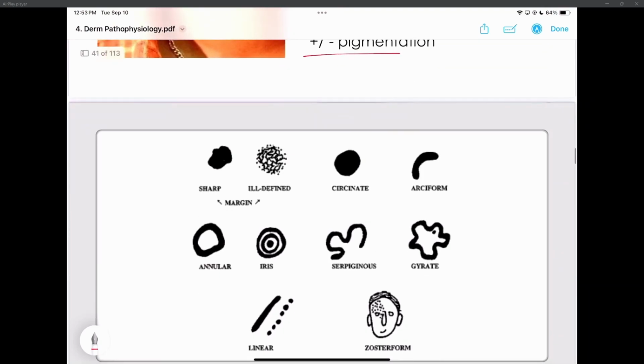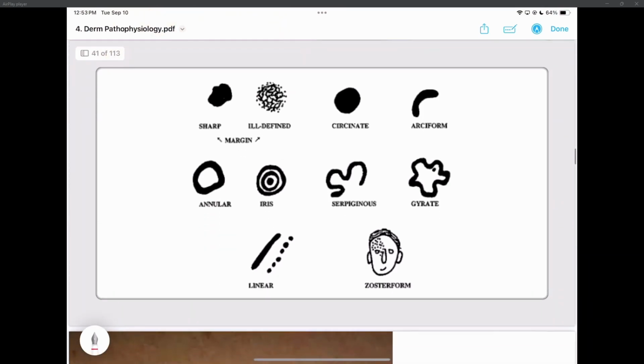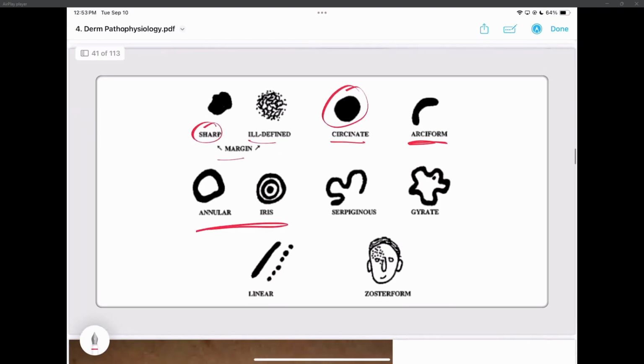So this last one is more definitions, talking about the margins. Sharp margin versus ill-defined margin. Circinate is circle. Arciform lesions look like an arc. Annular or iris, these are talking about target lesions.